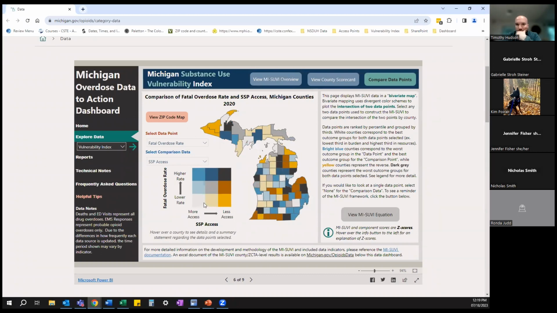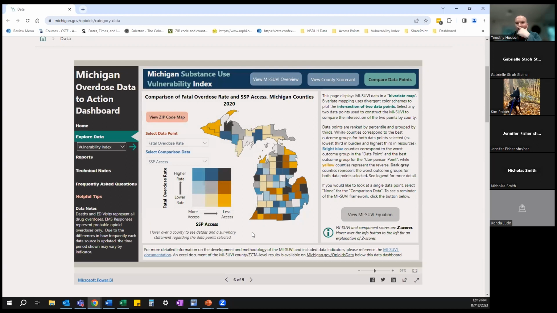So the counties that are white have some of the lowest fatal overdose rates in the state, and they also have some of the highest SSP access. So in terms of these two indicators, those counties would be considered to be doing pretty well. And then the black counties are those that have some of the highest fatal overdose rates in the state and some of the lowest syringe service program access.